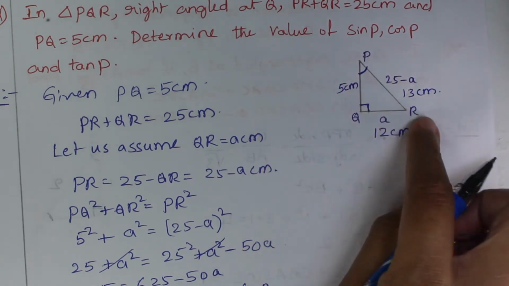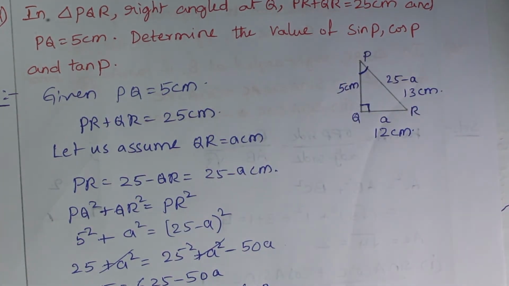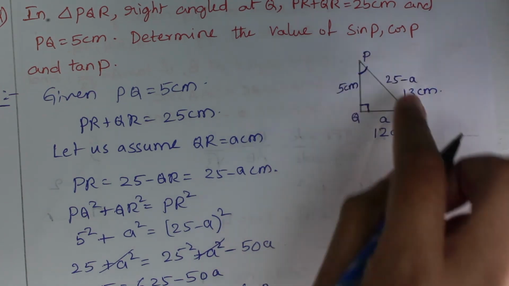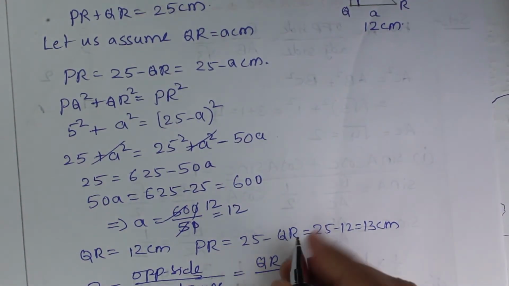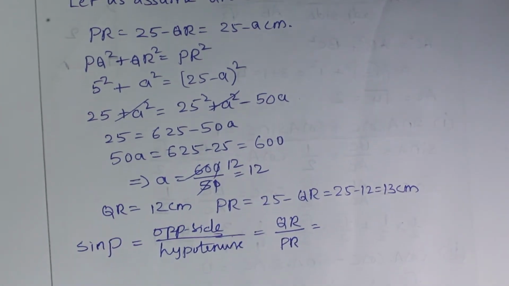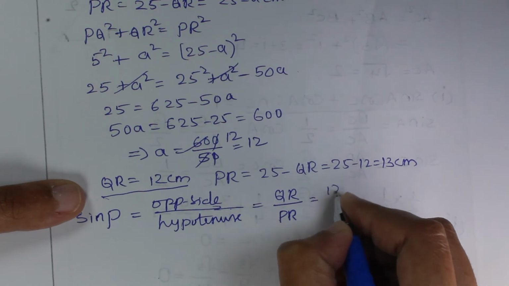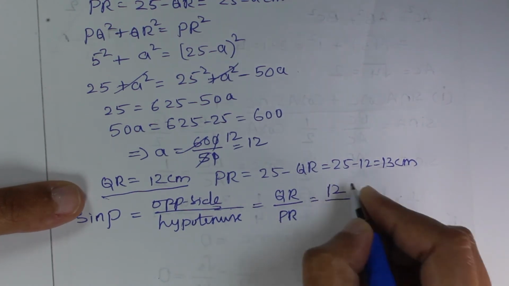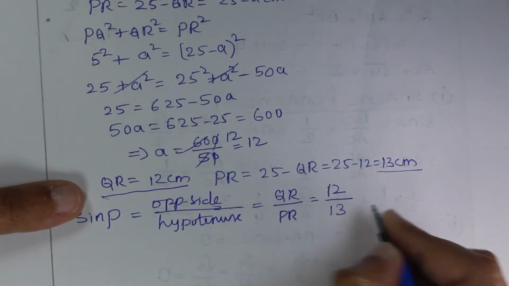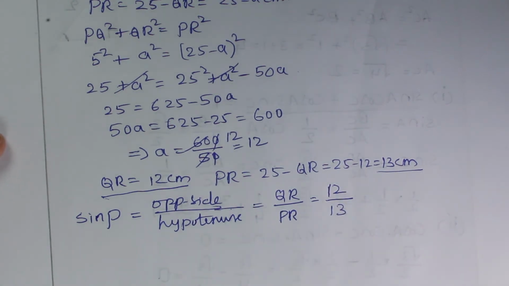Opposite side to angle P is QR. QR divided by hypotenuse PR. What is the value of QR? QR is 12 centimeters. 12 divided by PR, which is 13 centimeters. 12 divided by 13.